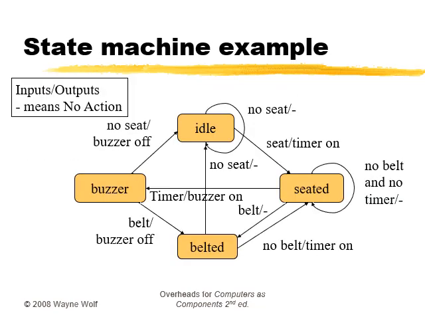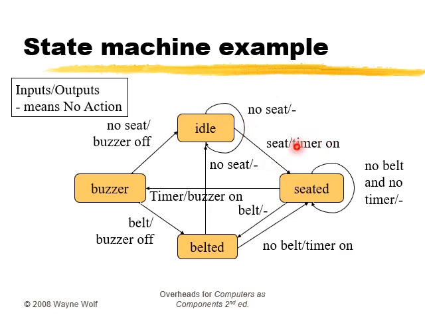This is the example of a simple seat belt controller. Here we have inputs and outputs, and the dash that you see here means no action. The idle state is in force when there is no person on the seat, and when there is a person on the seat, it will change its state from idle to seated.